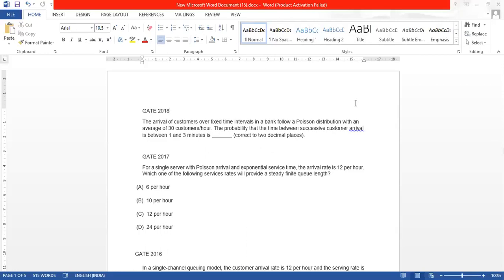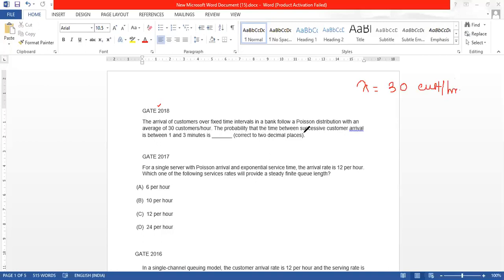Okay, suppose one question was asked in GATE 2018. The arrival of customers over a fixed interval of time follows a Poisson distribution with an average of 30 customers per hour. So the lambda is given here: lambda is equal to 30 customers per hour.